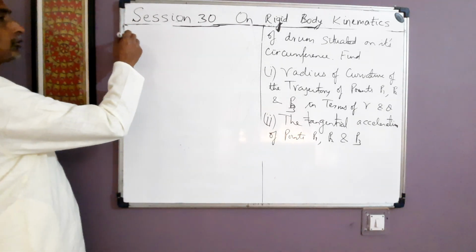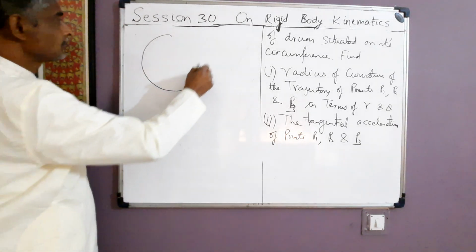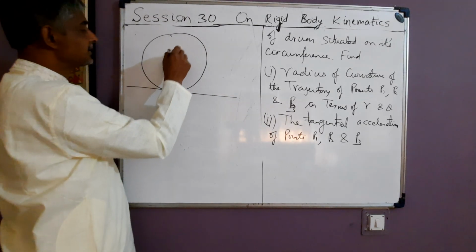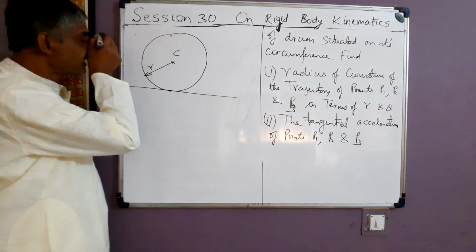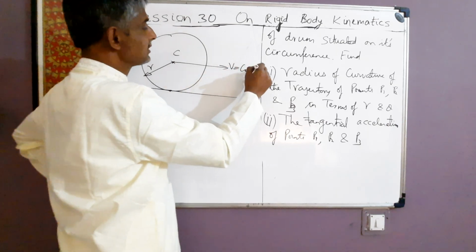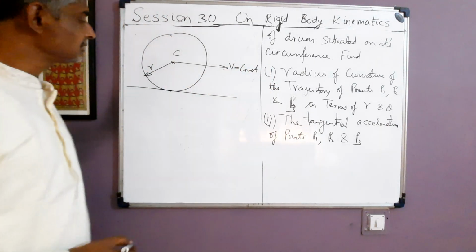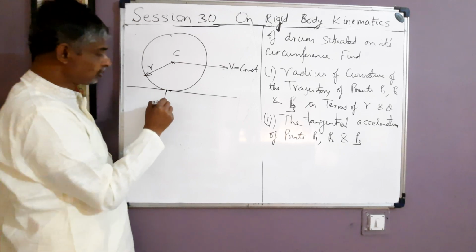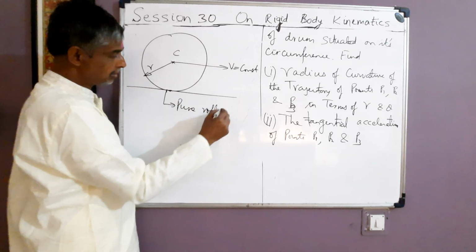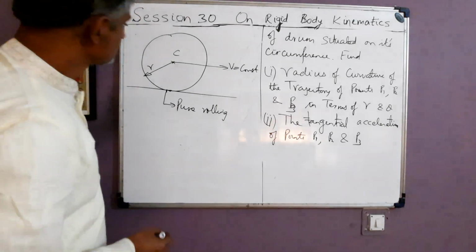First, I'll draw the diagram of the situation. This is the side view of the drum. C is the center of the drum and R is its radius. The center is moving at a constant speed v with respect to ground towards the right, and the drum is undergoing pure rolling over the fixed surface.